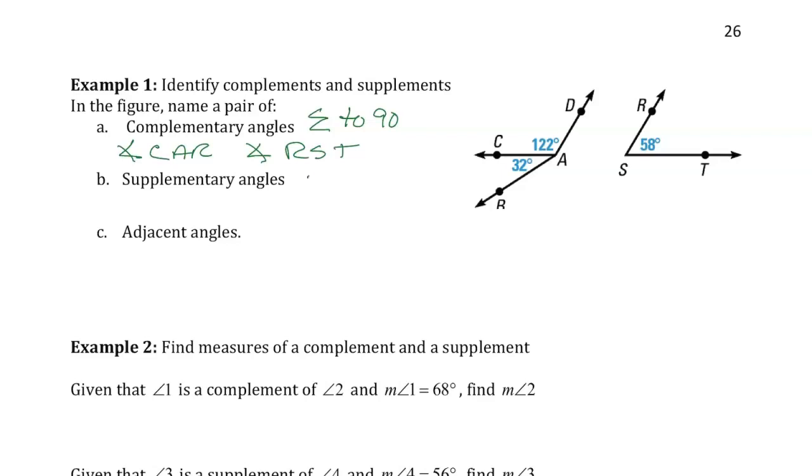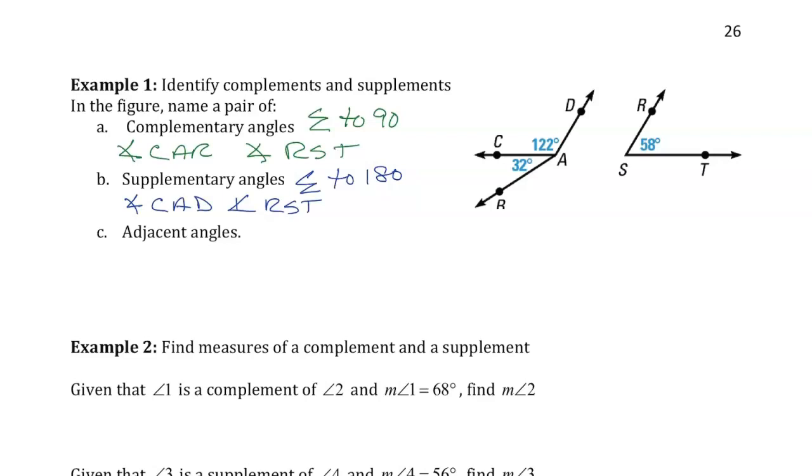As opposed to supplementary angles, which sum to 180, and angle CAD and angle RST sum to 180. So those two angles are supplementary. They don't have to be adjacent, remember. They just have to sum to 180. Now, next they ask you for adjacent angles.